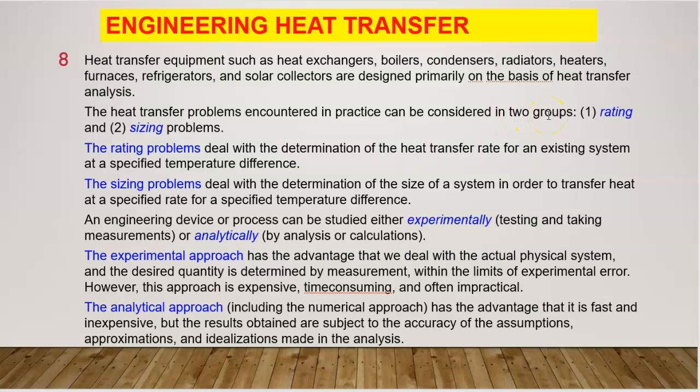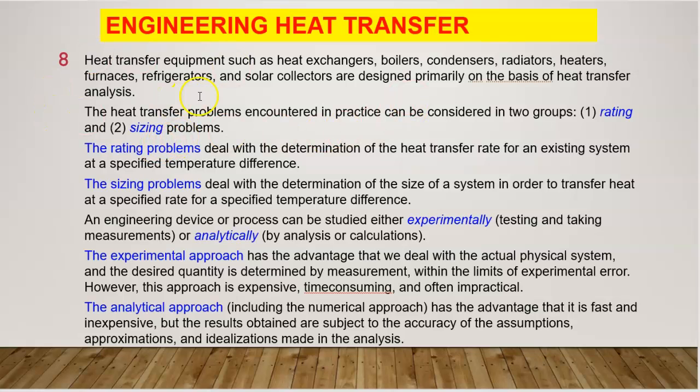For example, we need to cool your study room in your house. You need to cool it down very fast, but you need a very small one, perhaps a 0.5 horsepower aircon. Could it be done?